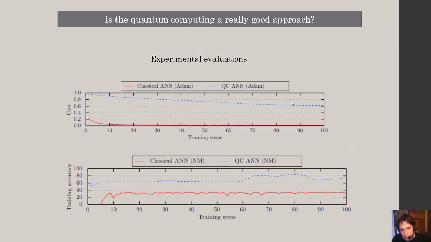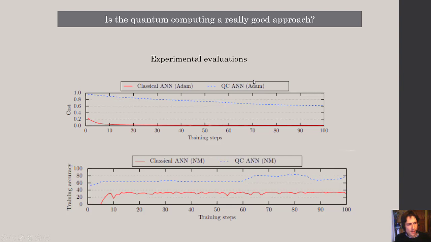Well, we can ask ourselves, is quantum computing really a good approach? We have two experimental evaluations here, on both classical computers and quantum computers, in a certain model, of course. Here we have the Adam model.